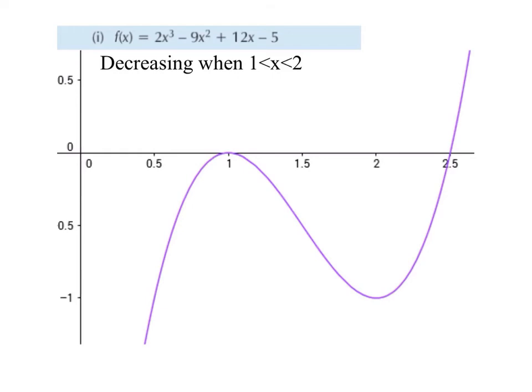So it's very obvious to see when we draw out the function. It's increasing up as far as x is equal to 1. So for x values less than 1, it's increasing. Then it's decreasing down as far as x is equal to 2, and then it starts to increase again.